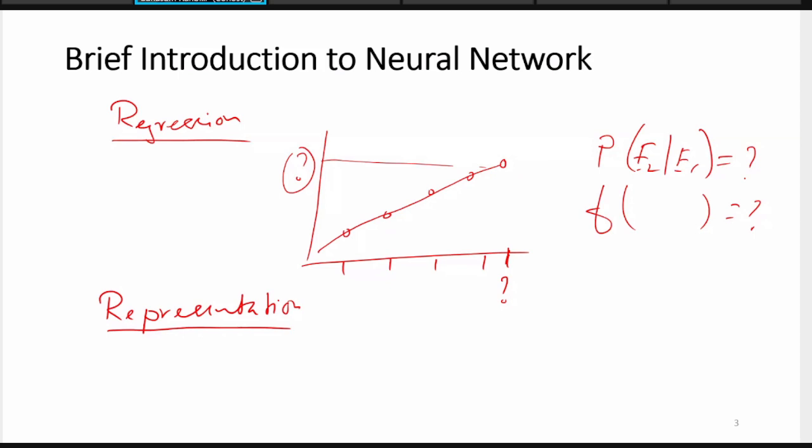So what I'm trying to say is that most of the real world problems that we are facing, starting from representation learning to estimation to classification to regression, you can use a neural network. The same model can be defined in different forms based on what you need.